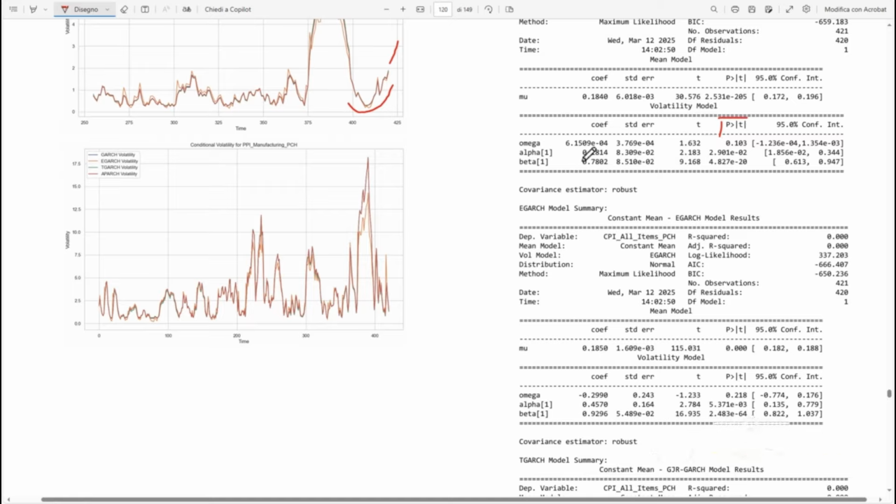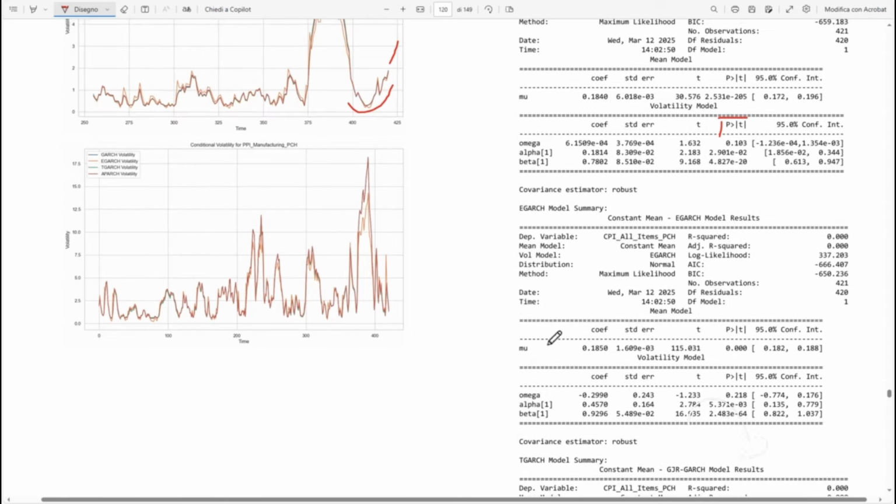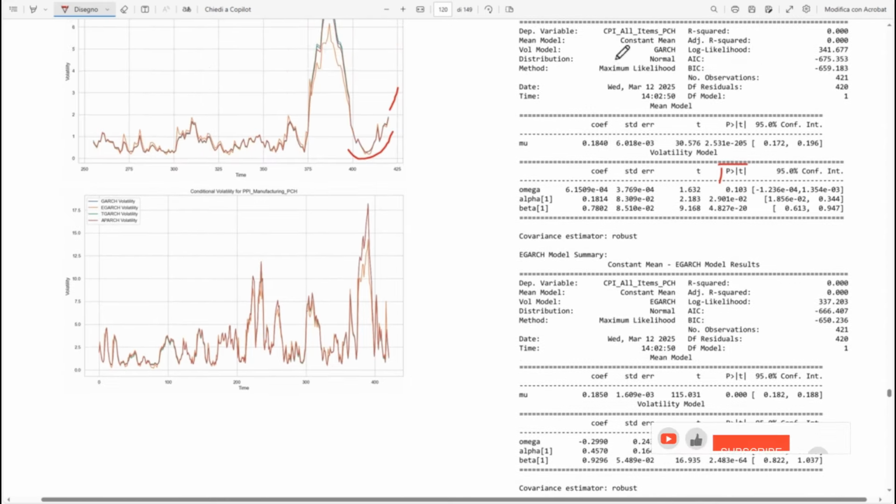So even if these are historical data of prices in the economy, retail prices, consumer prices, producer prices, we can see that the conditional volatility econometric study is important, and the parameters tell us that the past shocks of inflation, in this case for CPI, determine 18% of present-day retail prices, and the persistency of past shocks accounts for 78%.